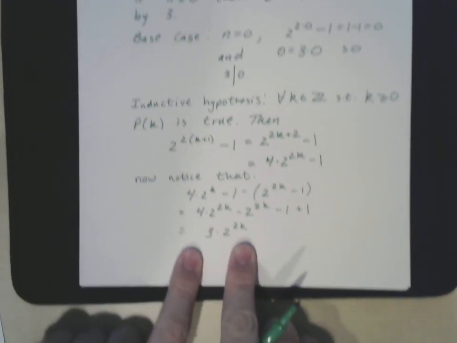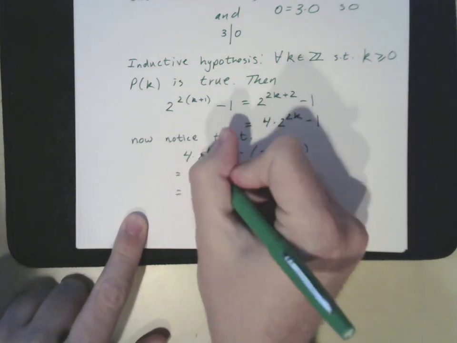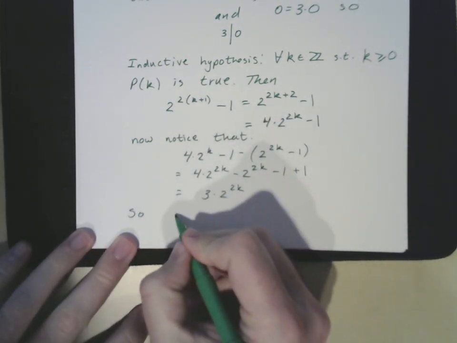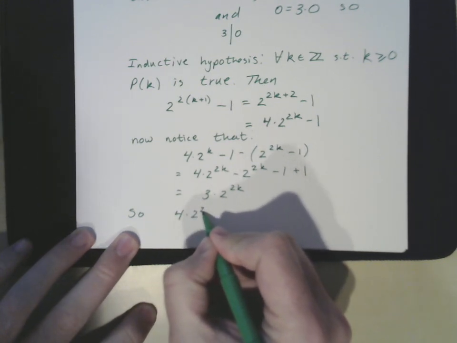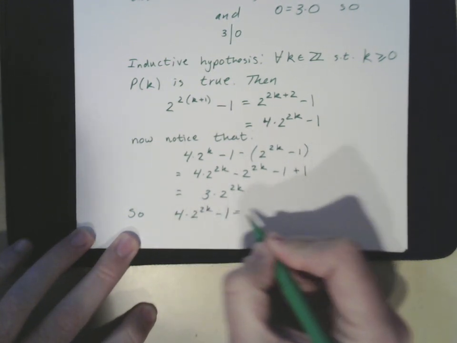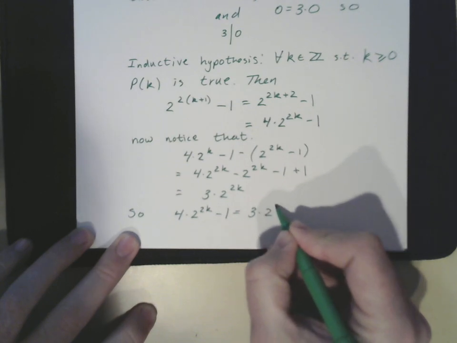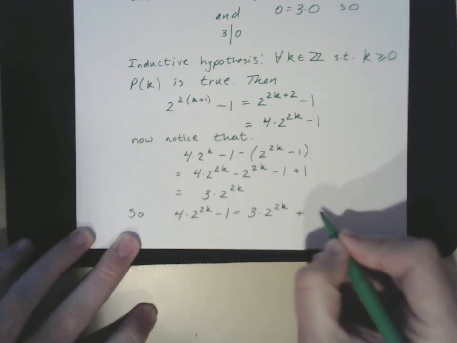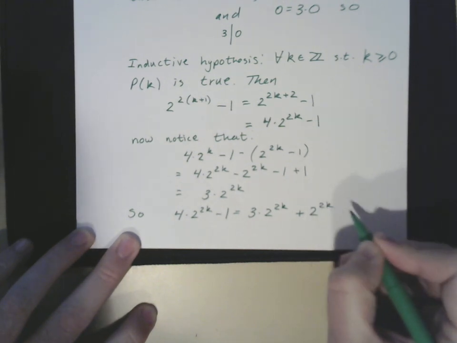So this is just a justification so that we can say our 4 times 2 to the 2k minus 1 equals 3 times 2 to the 2k plus 2 to the 2k minus 1.